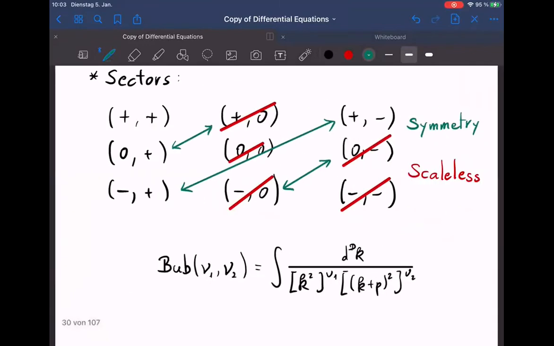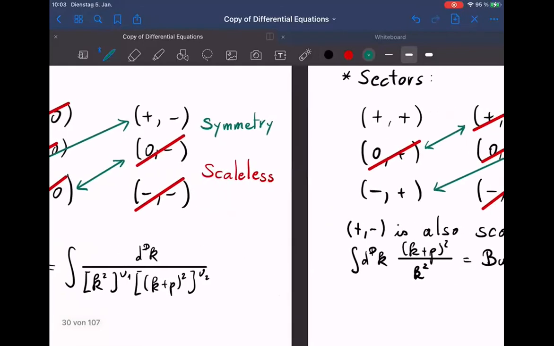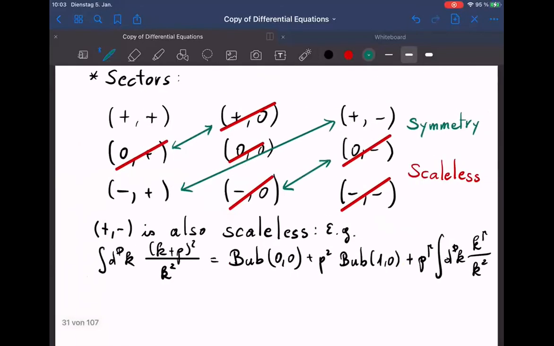So also this sector where nu2 is negative will be 0, because, for example, if nu2 is -1, then k plus p squared is in the numerator. I can expand it out, and I get this equation shown here.